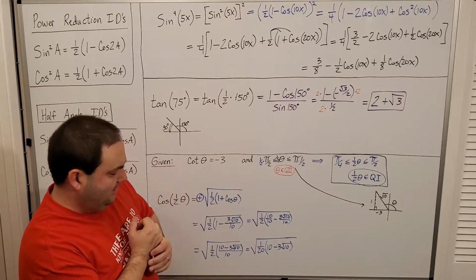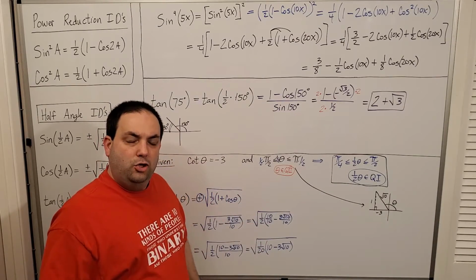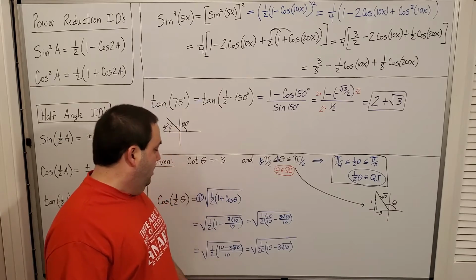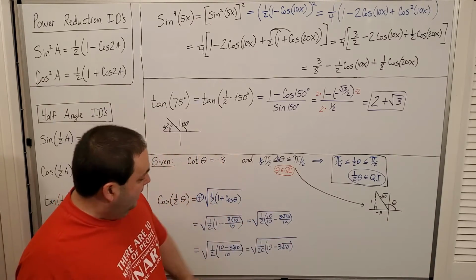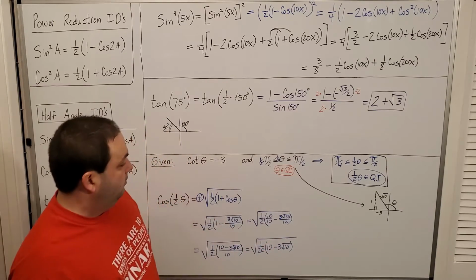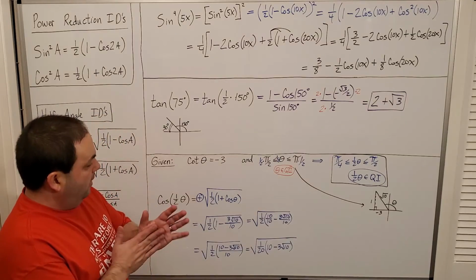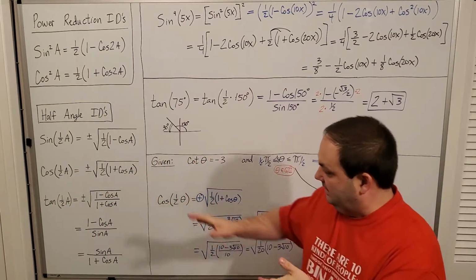It just depends on which way you need to use the data in your situation. But this is a good average place to leave it. It is simplified. It is concise. It is just a few symbols there. Okay? So that's the half angle identities.